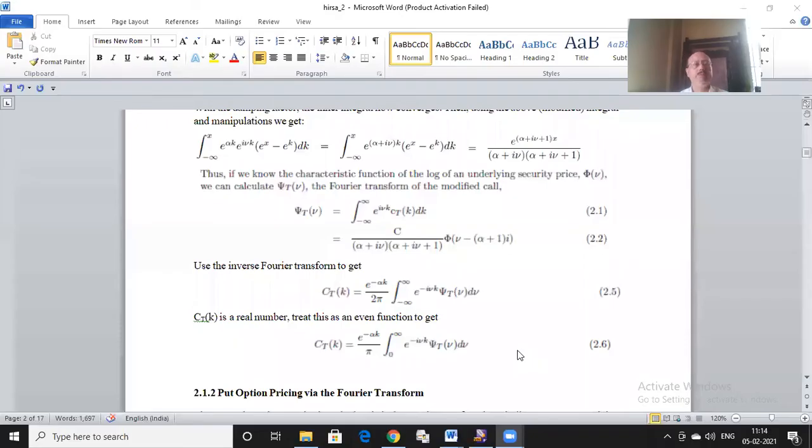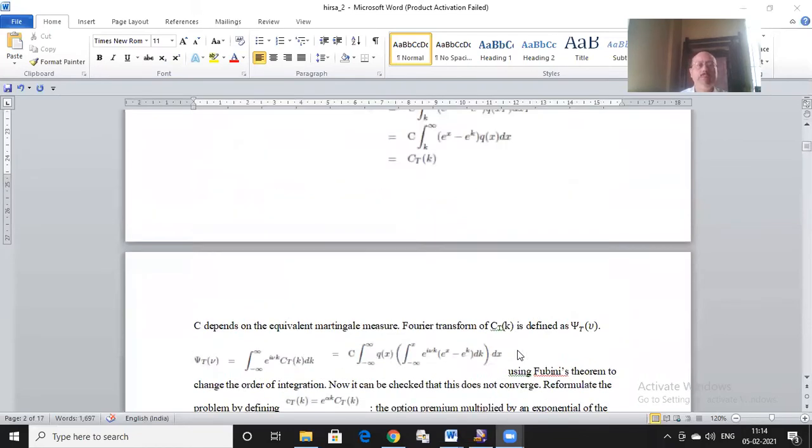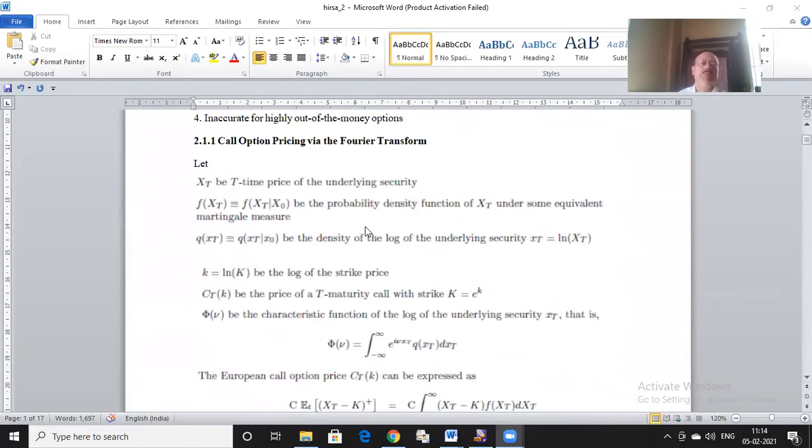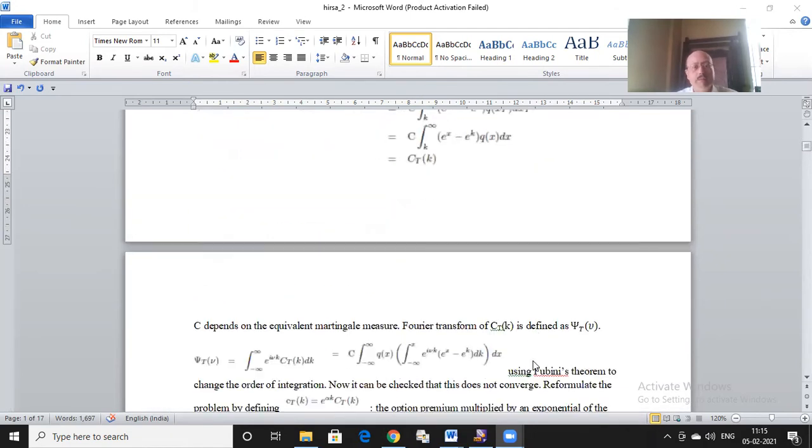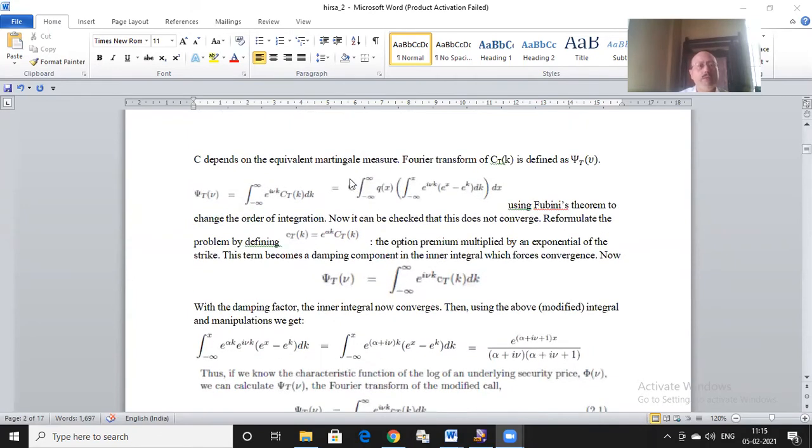To summarize, I am trying to price the call option using Fourier transforms, using the characteristic function. I work with the log price process, but in the original form, the Fourier transform does not converge for my call price. So I use a damping factor alpha and redefine my Fourier transform of the call price.